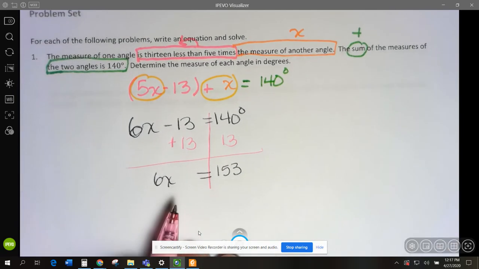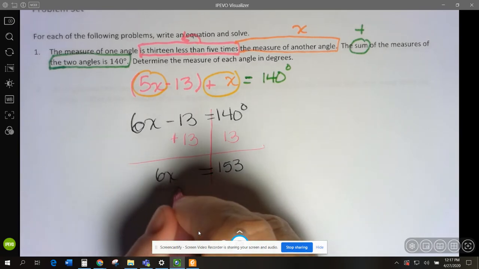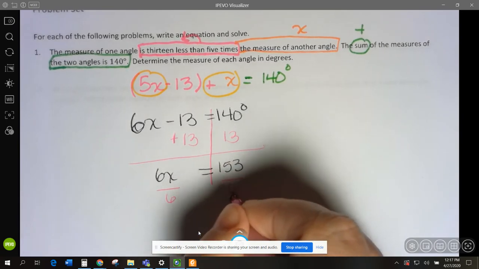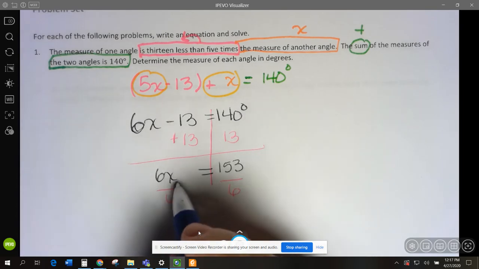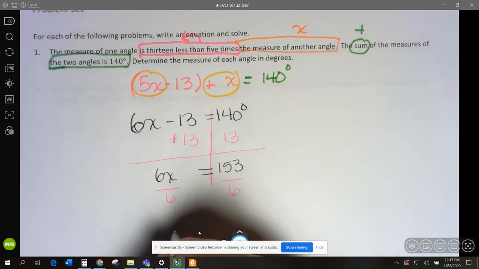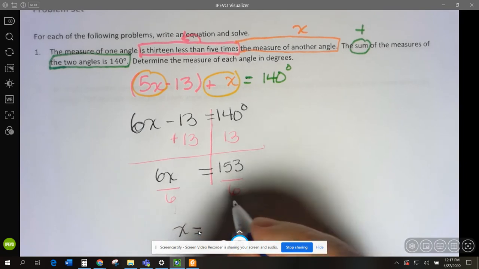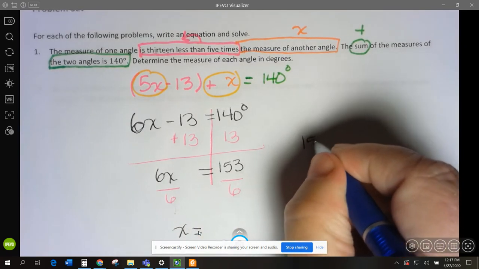Now we have multiplication here. To get rid of multiplying, we divide. 6 divided by 6 is 1. We have 1x, and we're going to keep that 1 invisible, and x is going to be 153 divided by 6.